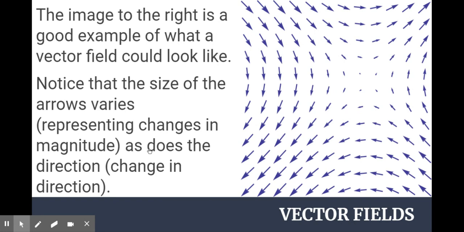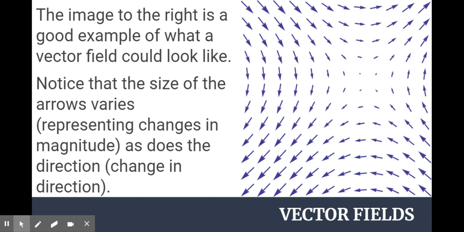So if we look at this picture right here, this image, this is a good example of what a vector field could look like. Notice, it's a collection of arrows, and these arrows vary in size, they vary in direction. So you have some arrows over here that are large and pointing down and to the right. You have some arrows right here that are small and pointing up and to the right.